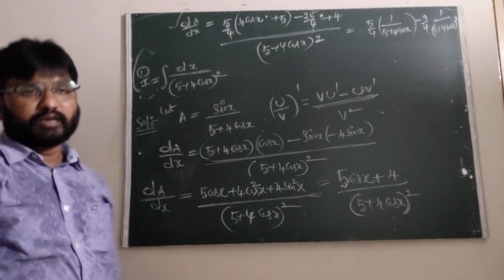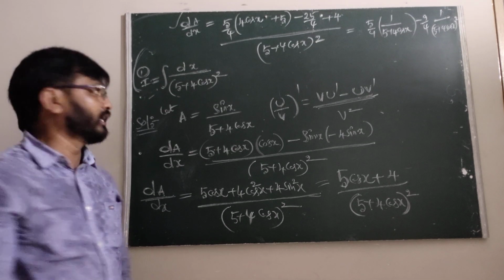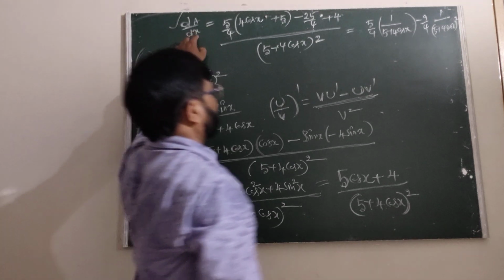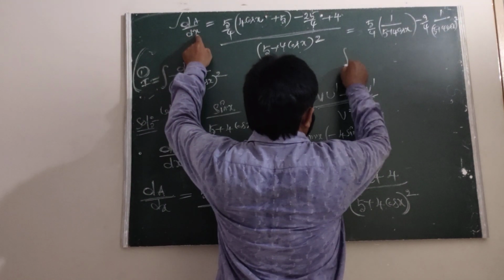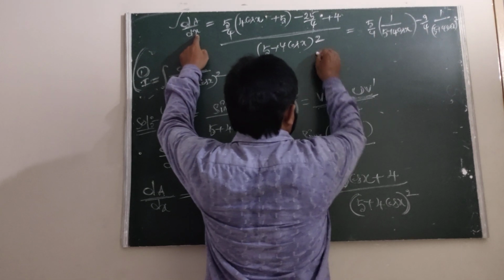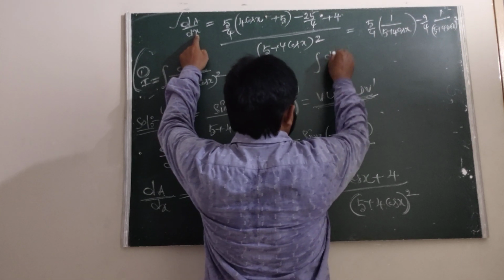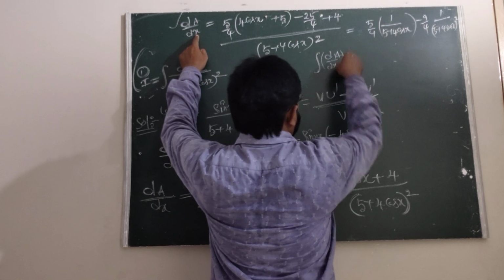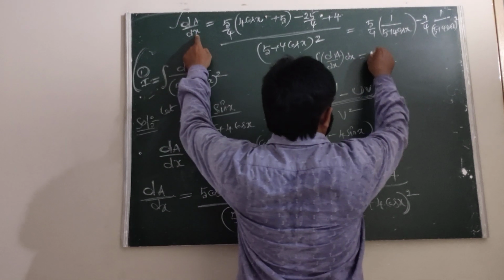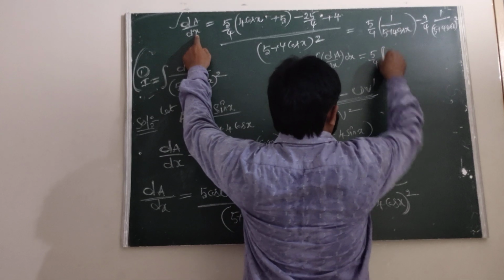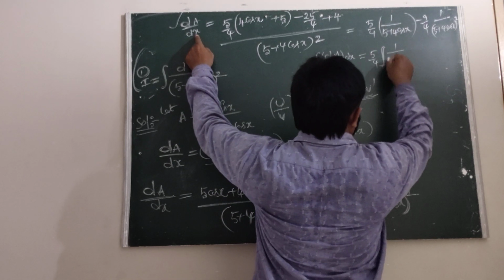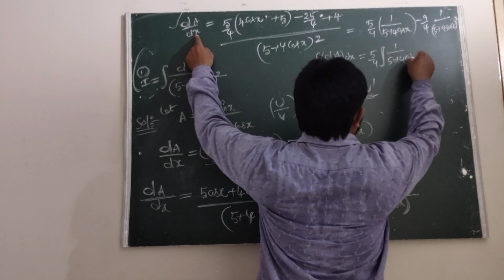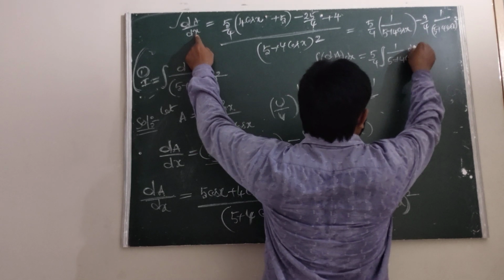Now applying integrals on both sides. How to get this one? This is the integral, applying integral on both sides of dA by dx with respect to x. Therefore the next one is 5 by 4 integral 1 upon (5 plus 4 cos x) into dx.